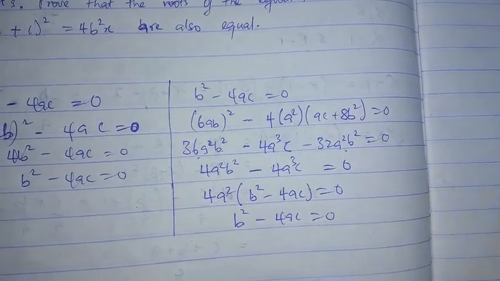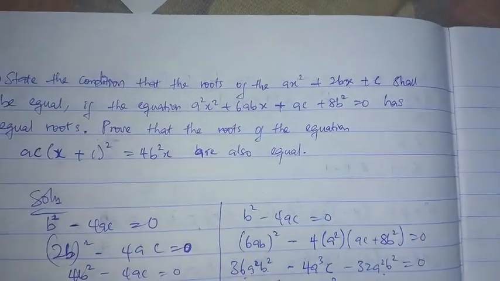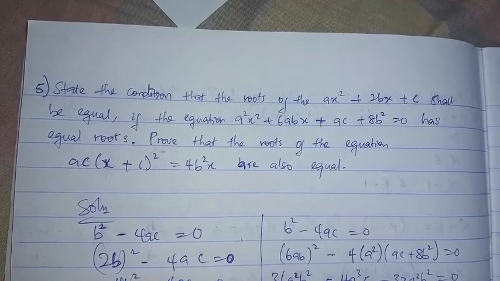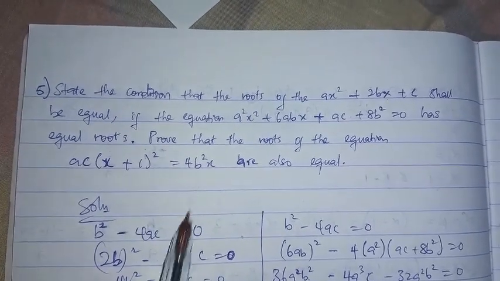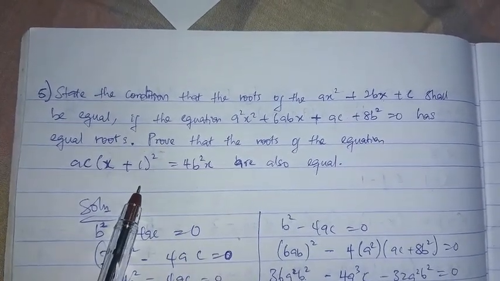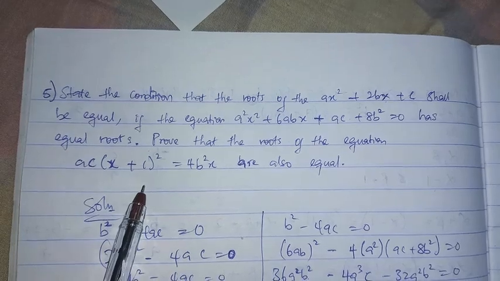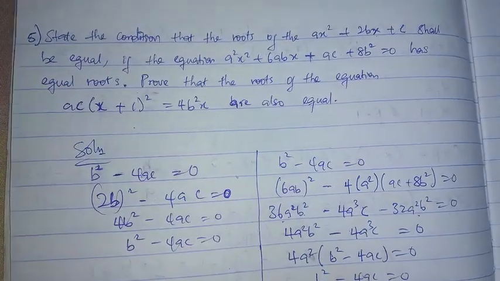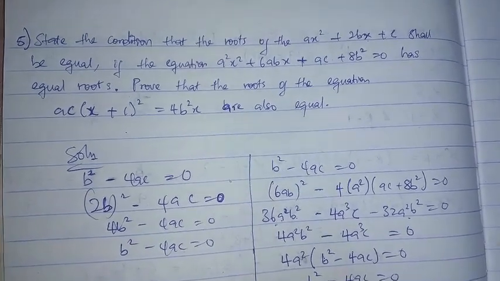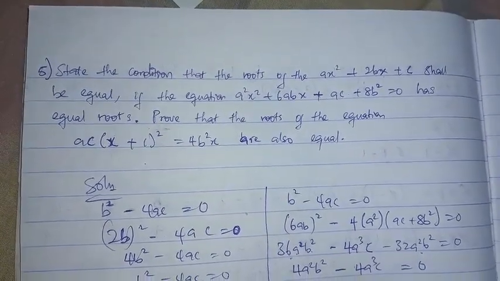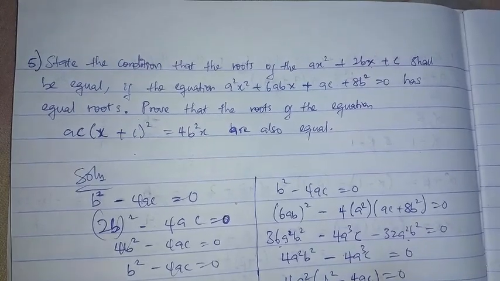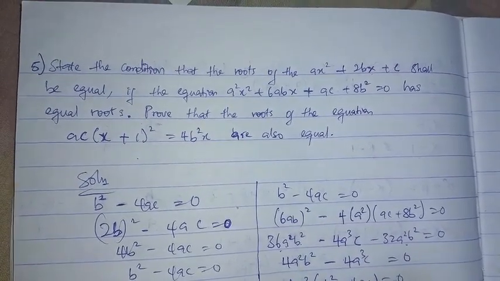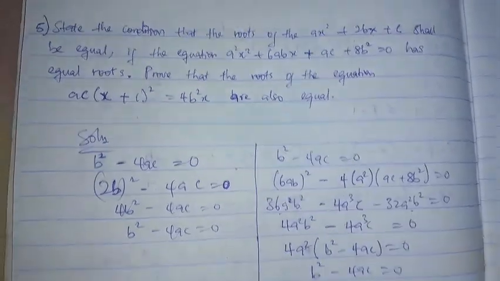Now, finally, I have to prove that the roots of this equation are also equal. The first thing I have to do is bring this on here, split it into x squared, x and constants, then use this formula and get my answer. Expanding this becomes ac into x squared plus 2x plus 1, then minus 4b squared x equals 0.